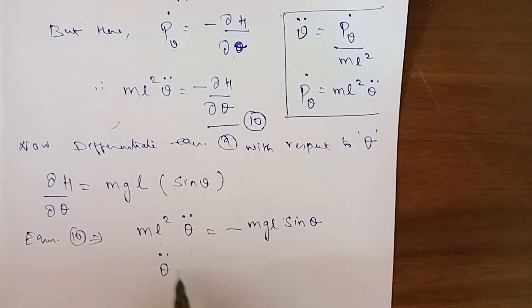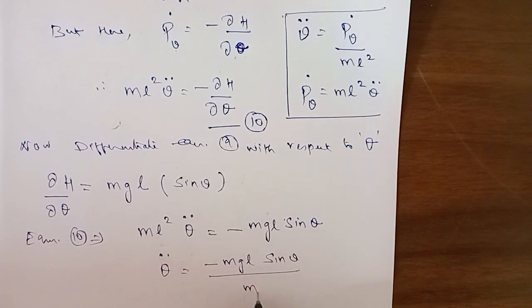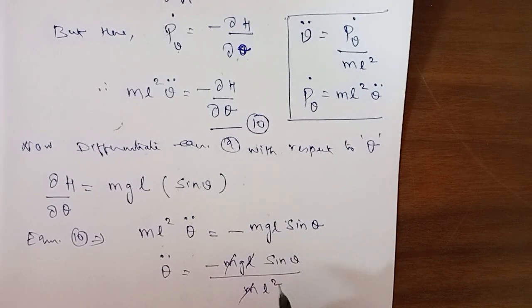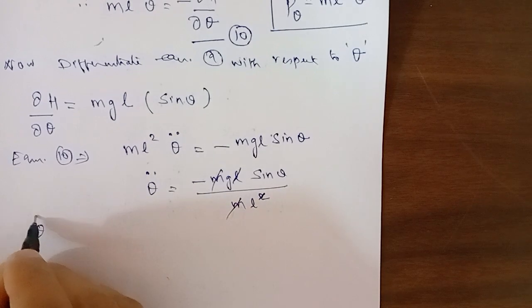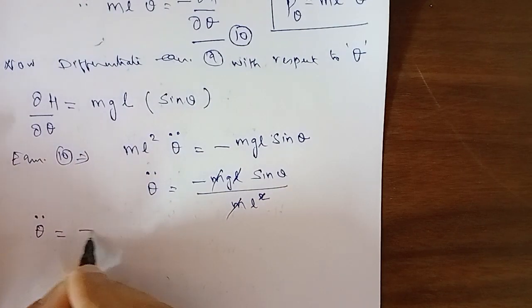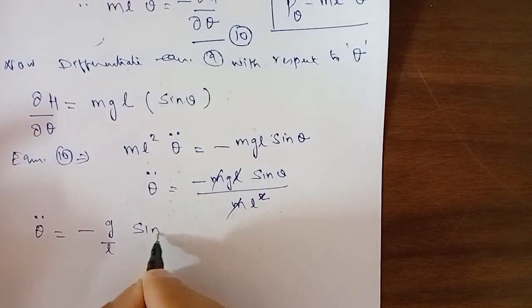Theta double dot is equal to minus mgl sin theta divided by ml square. The m cancels, the l cancels, therefore theta double dot is equal to minus g by l sin theta.